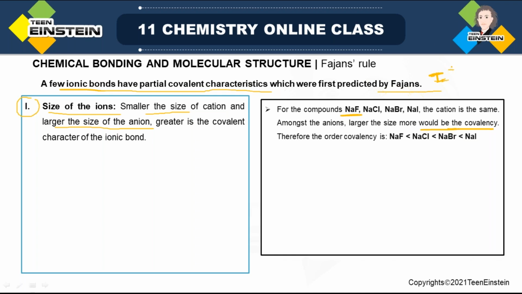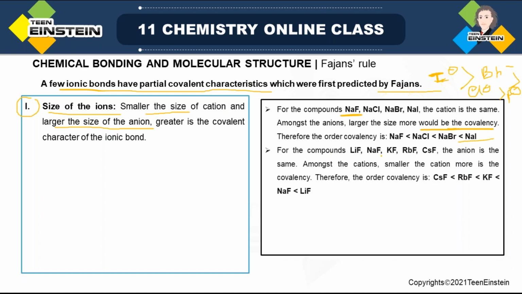After that, the next ion is Br minus, then the next size is Cl minus, and the smallest one is F minus. Because of this size difference, maximum covalent character is in sodium iodide, and then it decreases as you move towards sodium fluoride.